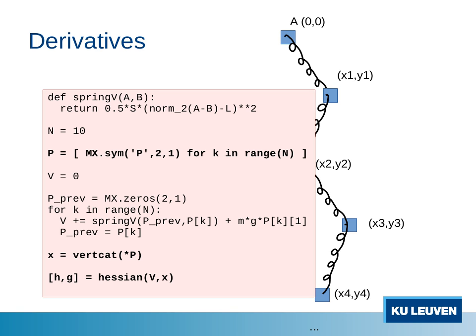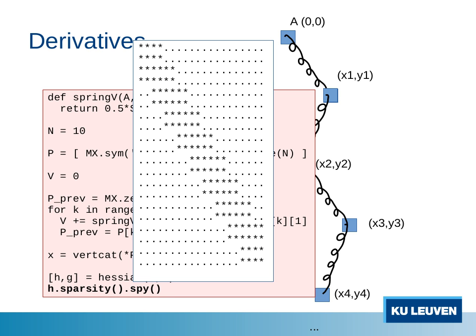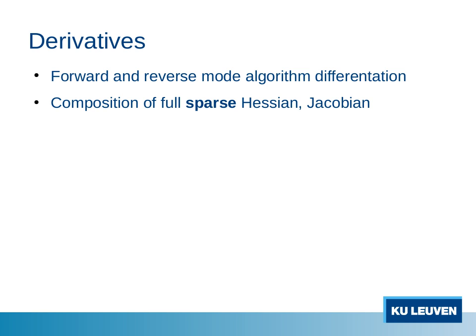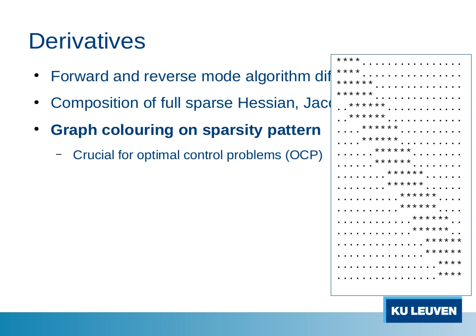When we query the Hessian of the total potential energy with respect to all decision variables, this is possible, and if we ask for the sparsity we see this banded structure. That's a really nice thing: CasADi automatically discovers this block diagonal structure, even though we never specified it. So when I said it composes the full Hessian and Jacobian, it's really doing the sparse Hessian and Jacobian where possible, and this can give you speedups.